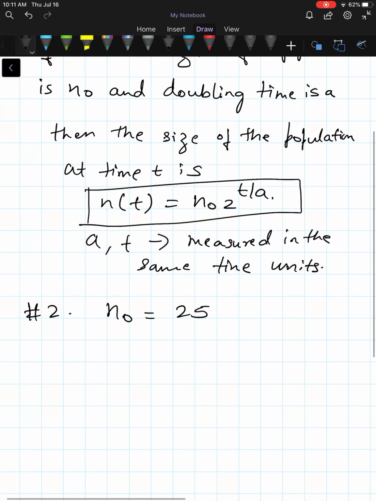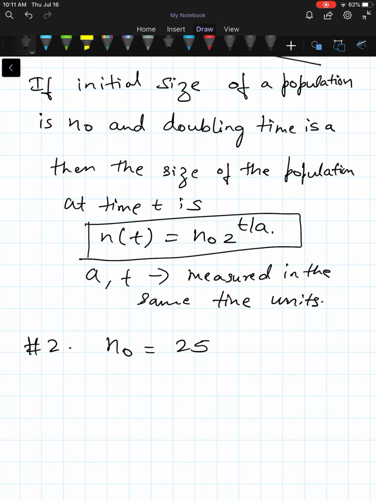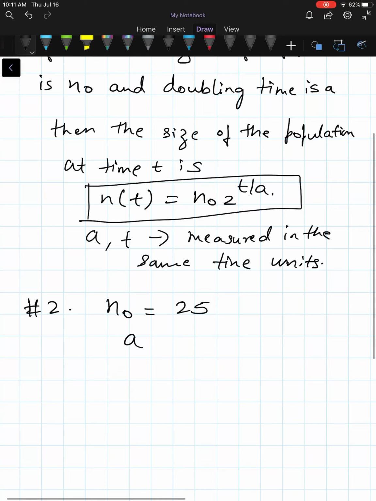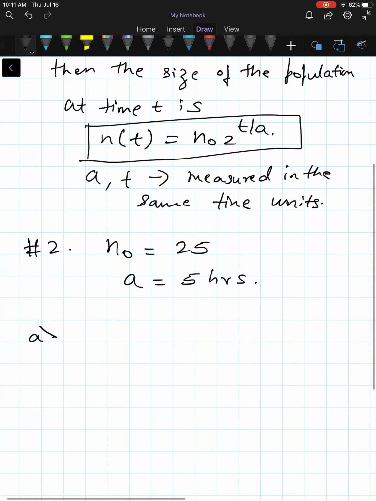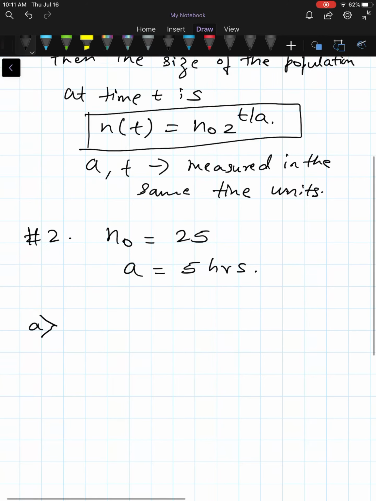So the doubling time A is 5 hours. For the first part, we have to find an exponential model N of t equals N0 times 2 to the power of t over A for the number of bacteria in the culture after t hours.